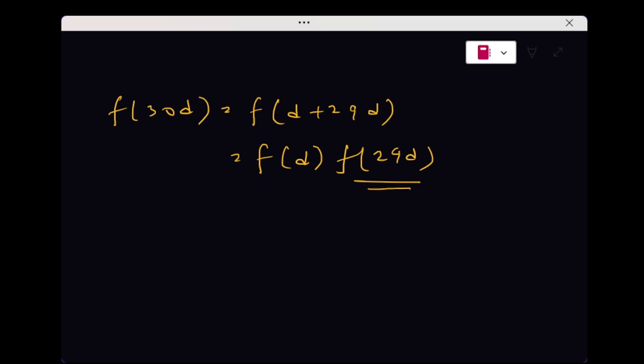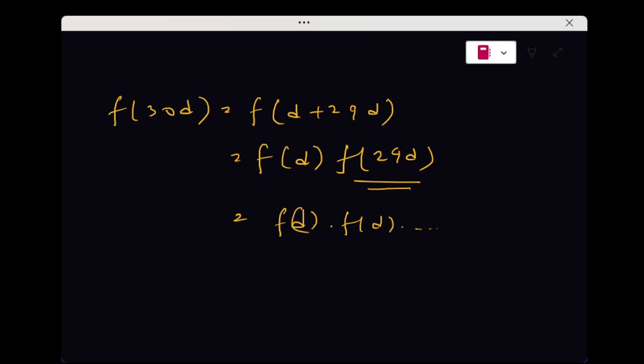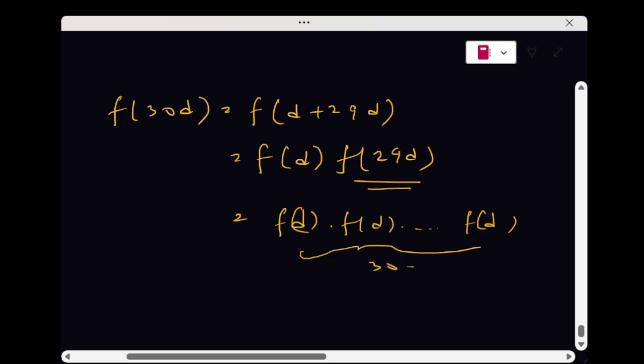Again we can break this into 28d plus d, that will be f(d) into f(d) into f(28d), and continuing in this way we get f(d) into f(d) into up to f(d), this is 30 times, and this will be equal to f(d) to the power 30.